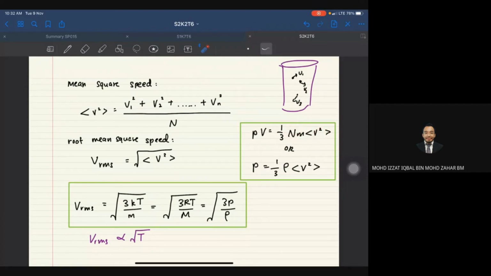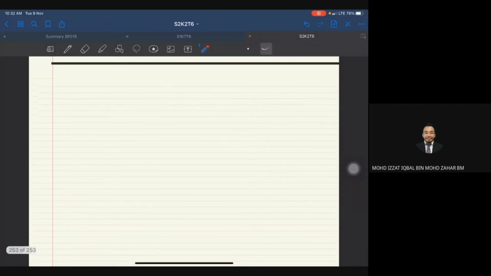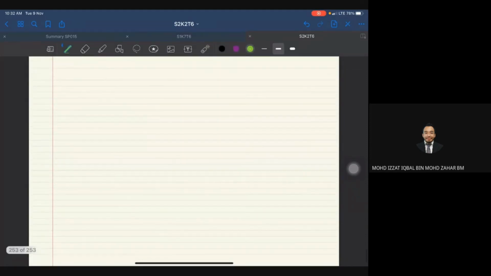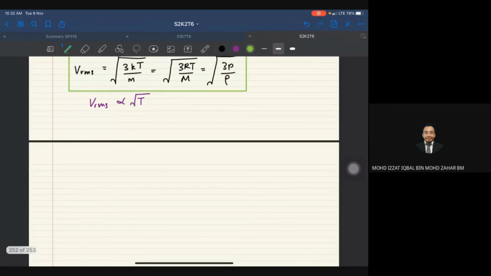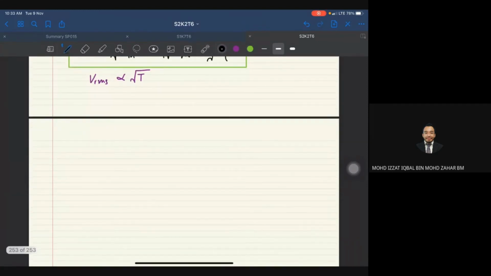So these two is related, and you can use both of these to solve the problem. Okay, any question? No, sir. Okay, there's no question, then maybe you can move to the last subtopic, which is about the molecular kinetic energy and internal energy.